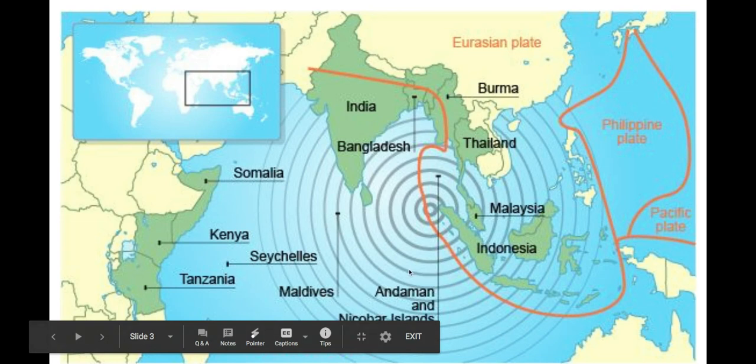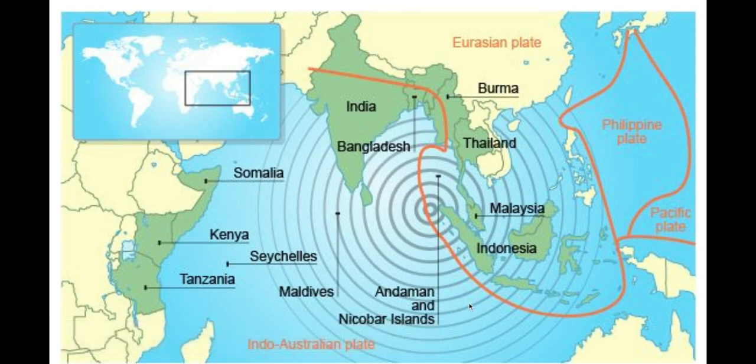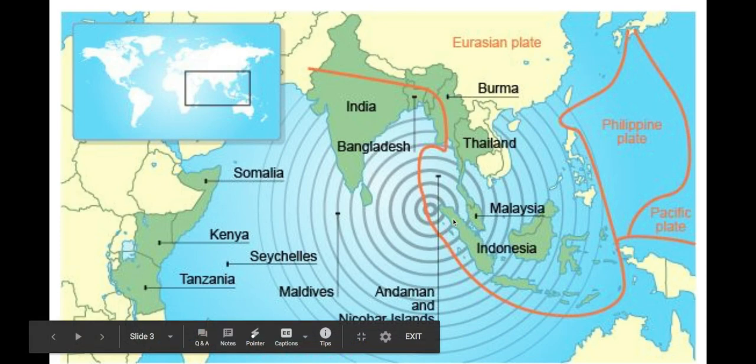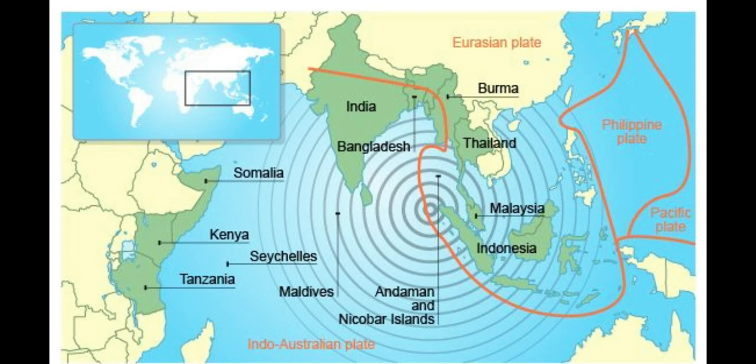So, a tsunami is caused by an earthquake happening that then causes a shift in the Earth's crust. And one part of the Earth's crust shifts up. And what that does to the water above it is it causes it to essentially just start to gather wave after wave after wave.